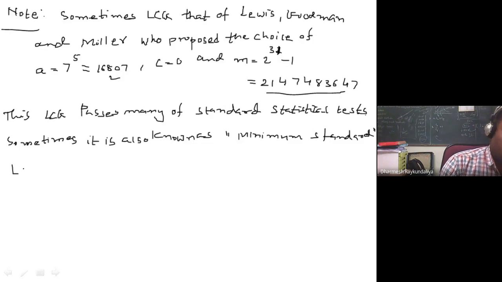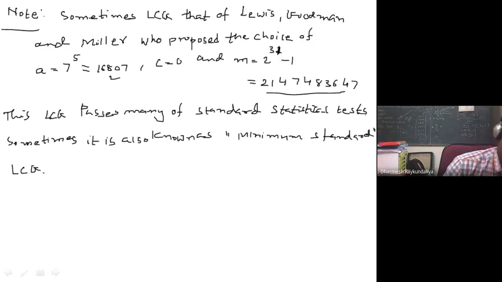We can ask you in a viva, what do you mean by the minimum standard LCG? You say that the LCG suggested by Lewis, Goodman, and Miller is said to be the minimum standard LCG. Why? Because it passes all tests for a value of A is 7 raised to 5, value of M is 2 raised to 31 minus 1, and C equal to 0.